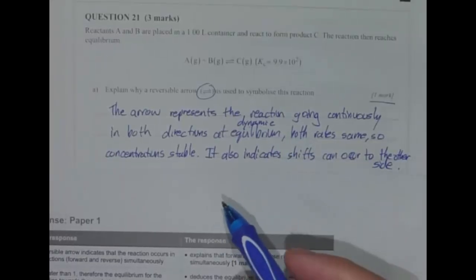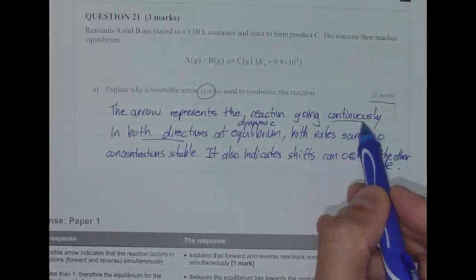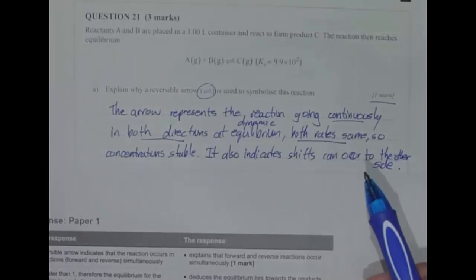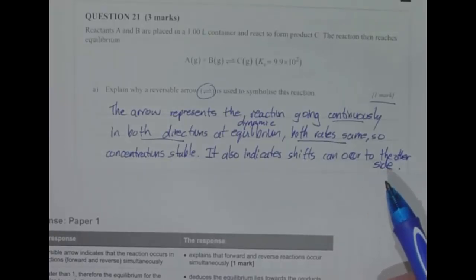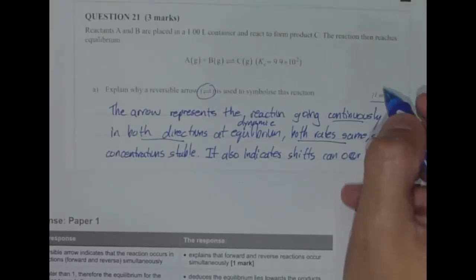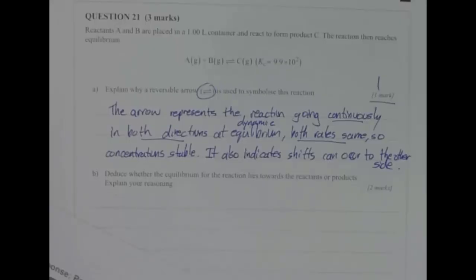I did say both directions continuously and at the same rate. So I think that would get a mark. Alright. Guess they just didn't ask questions like that, to be honest.